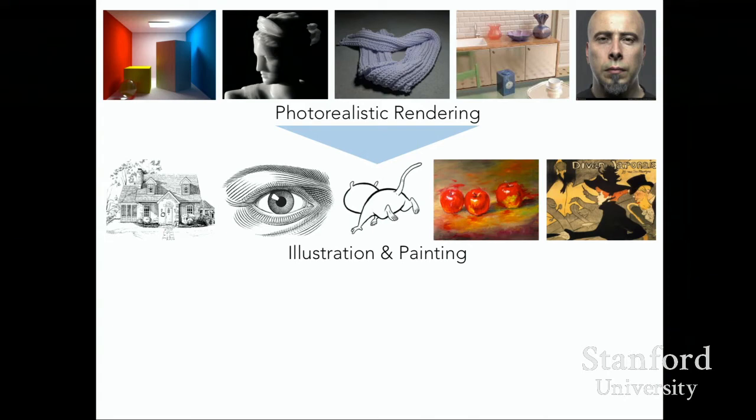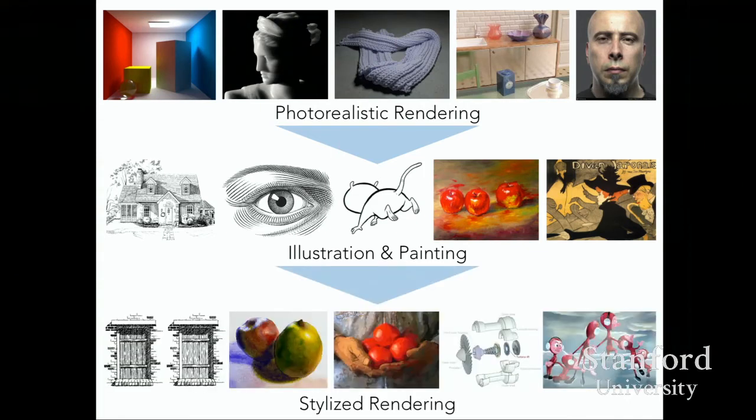These different rendering styles inspired this whole field of computer graphics, often called non-photorealistic rendering, to develop computational tools and algorithms to make use of some of these techniques from illustration and painting as a way of creating computer-generated imagery. And as a field, I think we're better off for it. I mean, clearly there are a lot of really important applications for creating super photorealistic renderings.